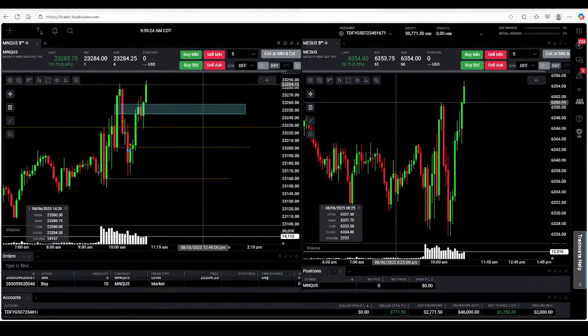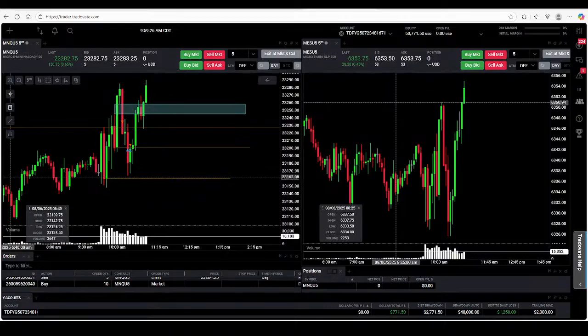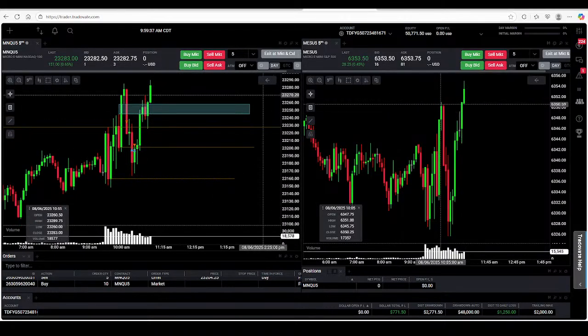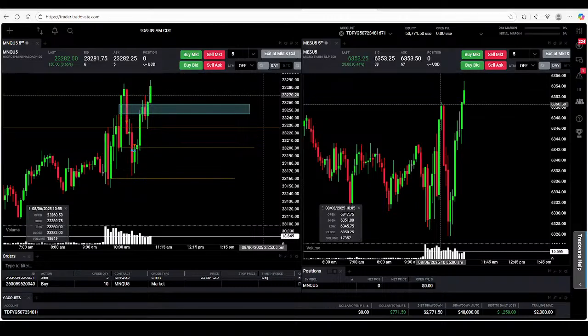All righty, we're nice in sync, making new intraday highs at the same time. Now for supply, I like to see quick moves up into supply, grab liquidity, and that would be the only reason why I would take shorts. If we're slow grinding, slow steady up, I do not like to fight the trend.